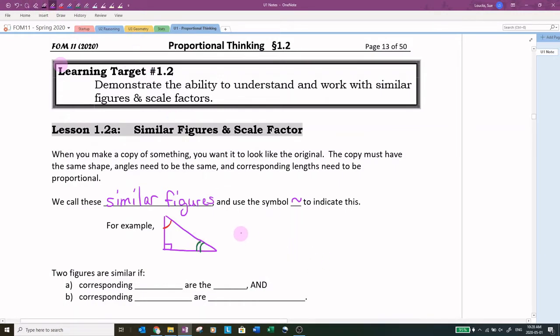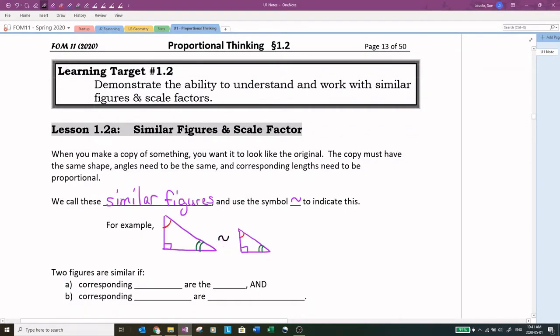And then I will draw a smaller version of the same triangle within the limits of my drawing ability. But I'll use symbols to tell you that this angle up here is the same size as the red angle in the original one, and this angle is the same size as well. And these figures are similar. Okay, so we use that symbol, tilde, to show that those two figures are similar.